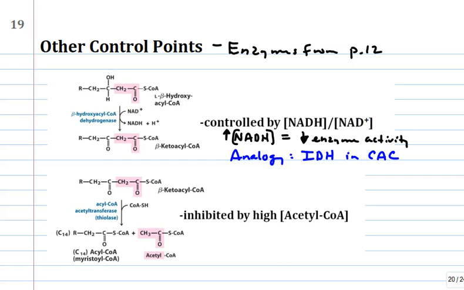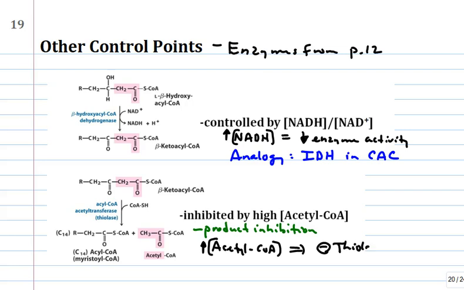The other example is the thiolase that we've talked about. It is inhibited by acetyl-CoA. Well, this is kind of textbook product inhibition. If the concentration of acetyl-CoA is high, basically you suppress the thiolase activity.